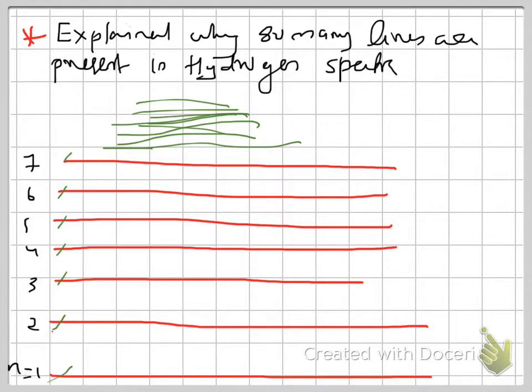Suppose one electron is present in the first level. By accepting energy, it gets excited to the 7th level.